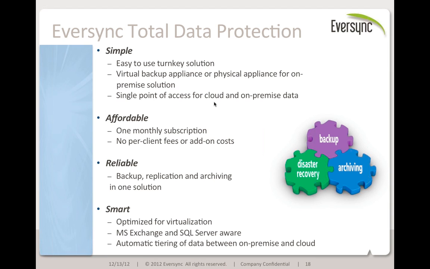There's no per client fees, there's no add-on costs. It's true of our products that all of the agents for all the servers are basically included in the product. Replication is an included feature. So there's really no sort of add-on features to worry about.